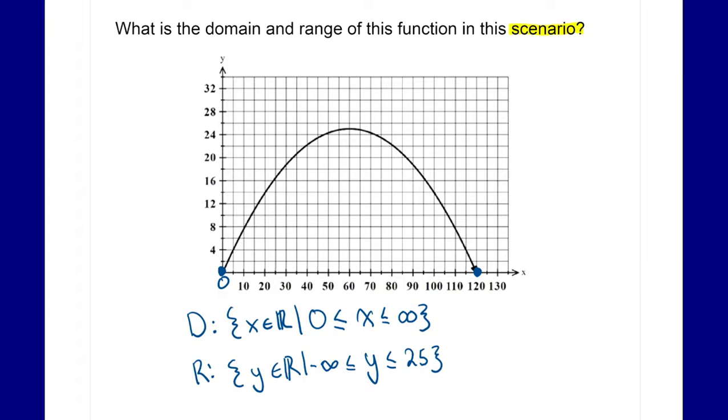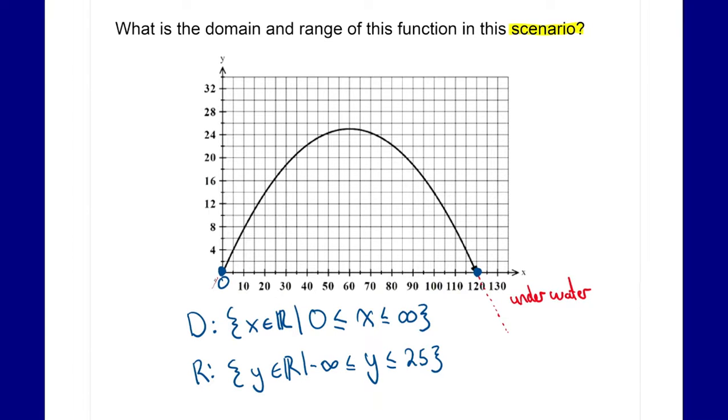The reason we can't go beyond that is because if my line continues right down here in this direction, what is that symbolizing in this scenario? Remember, this is supposed to represent a bridge. So anything beyond 120, when our line goes below 0, we're underwater. Same thing on the other side.